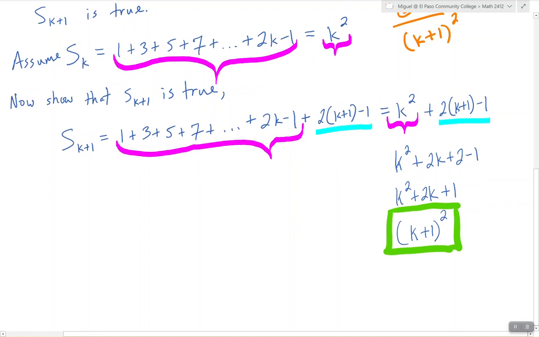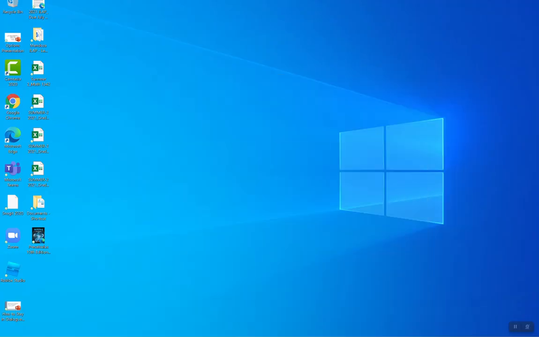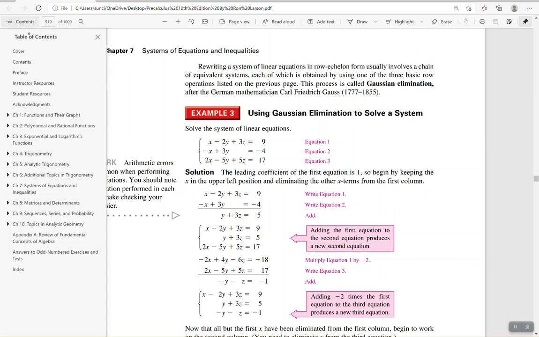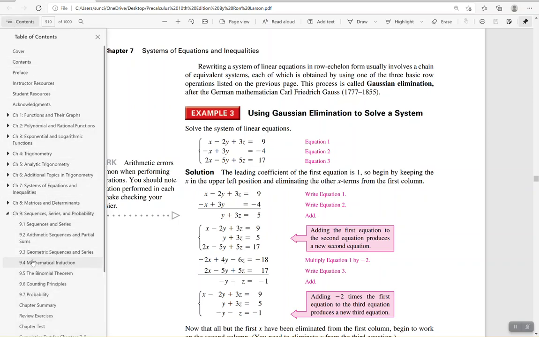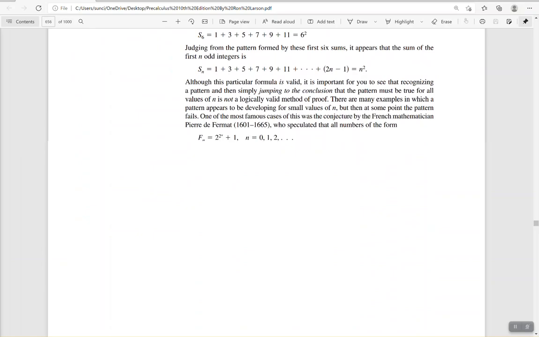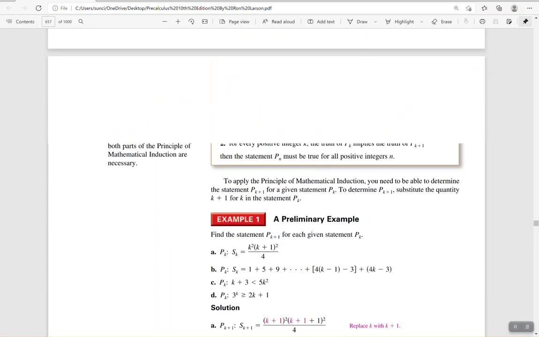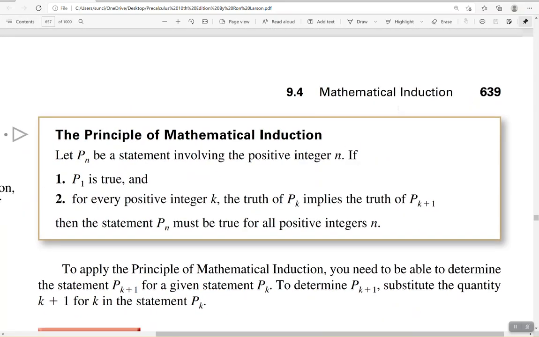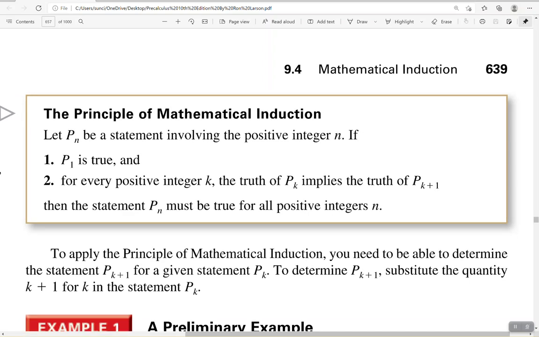Let me show you what the book has, which is 9.4. Okay. So they're using P here. So let P be some statement. Our statement was S, involving the positive integer n. And there you see the two main steps.